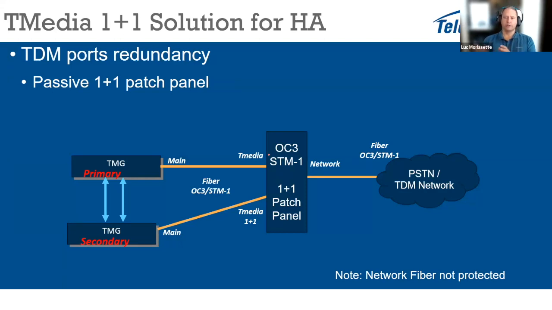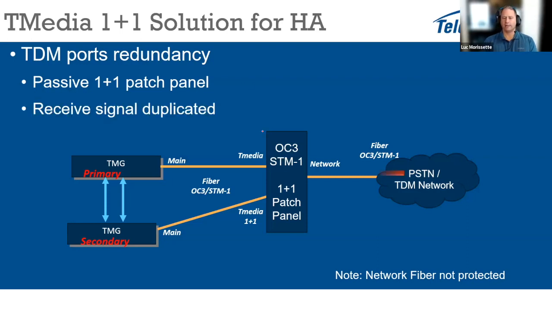Here I will go through the different parts of the system. One is the TDM port redundancy. You have your 1+1 system here with your primary, secondary, and your HA links. You need to put a patch panel in front of those devices to split the information to the two units.